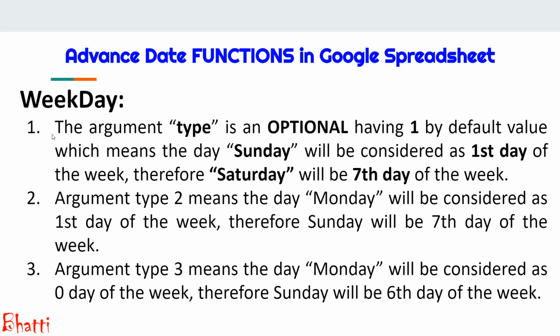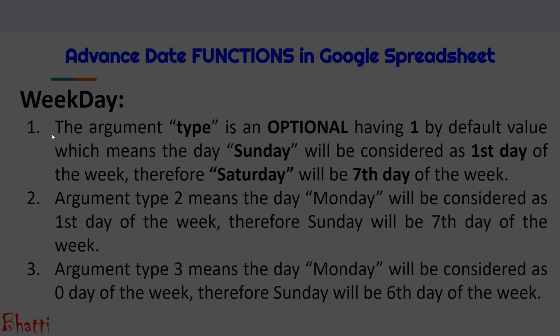If the argument type is 3, then the system will consider Monday the first day of the week, but the numbering will start from 0. Which means Monday is 0, Tuesday is 1, Wednesday is 2, and so on. Sunday will be the 6th day of the week. We will see this in the practice definitely.